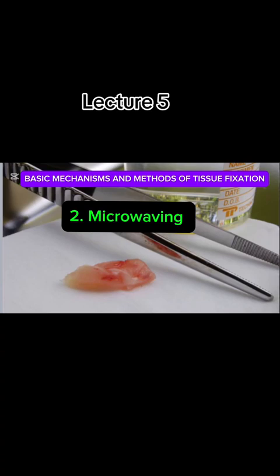So this process enhances fixation speed and reduces fixation time for paraffin embedding. So under microwaving, heat improves the penetration of fixatives and cross-linking of proteins without damaging the tissue.